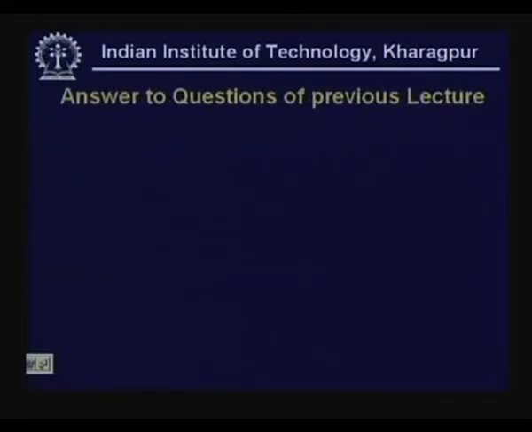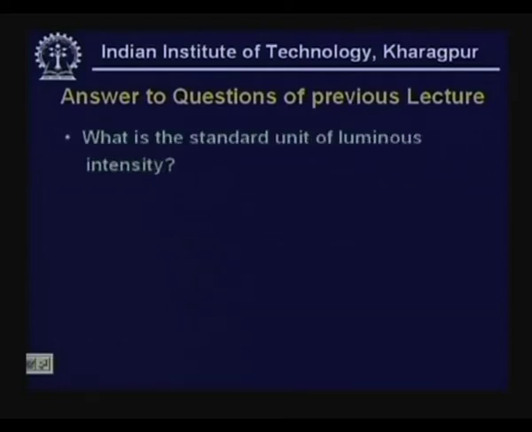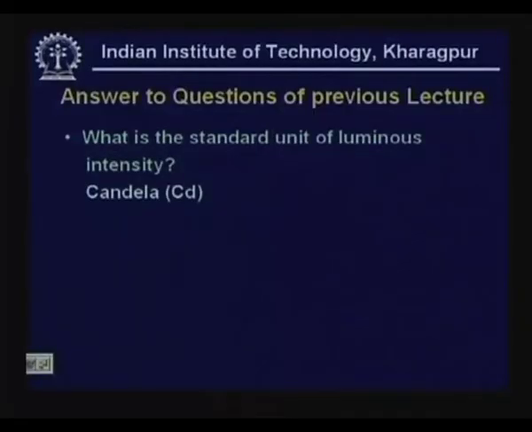Now, some of the answers to questions in the previous lecture: what is the standard unit of luminous intensity? The answer is candela. Remember, the standard unit of luminous intensity has been adopted based on the origin of the primary standard. In fact, the primary standard has originated through several levels, beginning with the first and foremost standard, which was the wax candle.